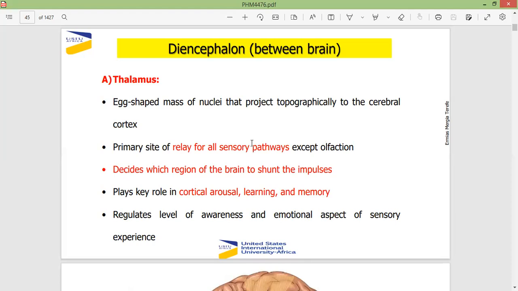So whatever you're seeing, whatever you're hearing, whatever is touching you, all that information goes to the thalamus. Then the thalamus is what will decode and decide which impulse will reach the brain.